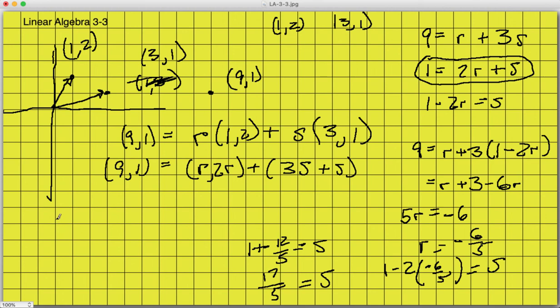The point here is that bases are not unique. And that is a very, very important point.